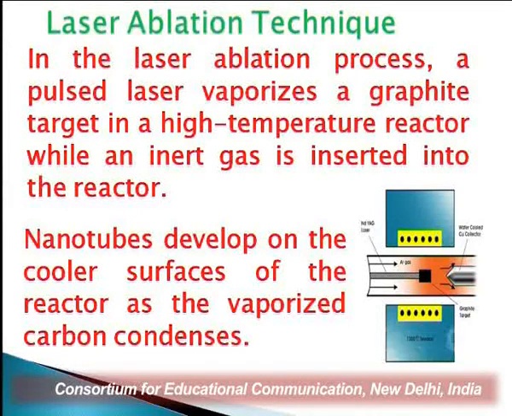These nanotubes develop on the cooler surface of the reactor as vaporized carbon condenses. On the right hand side here we are seeing the diagram. In the laser ablation method we use a laser, as the name suggests, and plasma will be generated by using the laser.